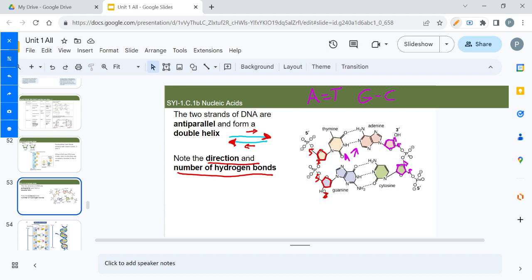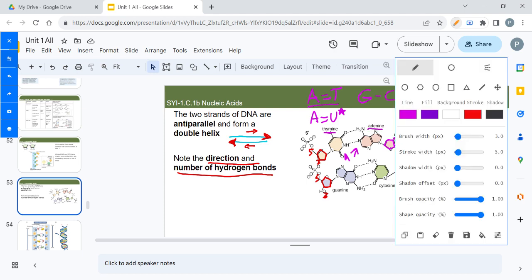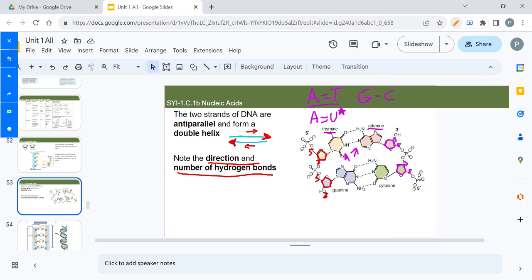In the case of RNA, A is going to be paired with U. I'll just do a little star right there. But what we're getting at is that the thymine right here is going to be attached to the adenine, which is what we see right here. Okay, and then I'm going to do the yellow in here for this one, right? And then the guanine and the cytosine, that's this combination right here.